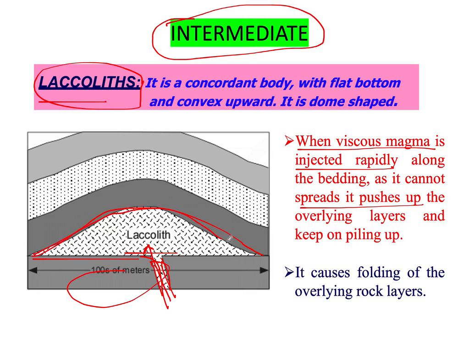As a whole, when it is highly viscous, it cannot intrude further individually. So it actually folds the complete bedding plane, and that's how it develops this huge pressure, this mushroom shaped laccolith.